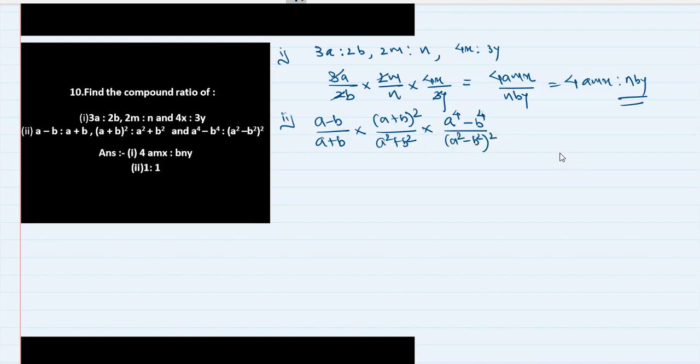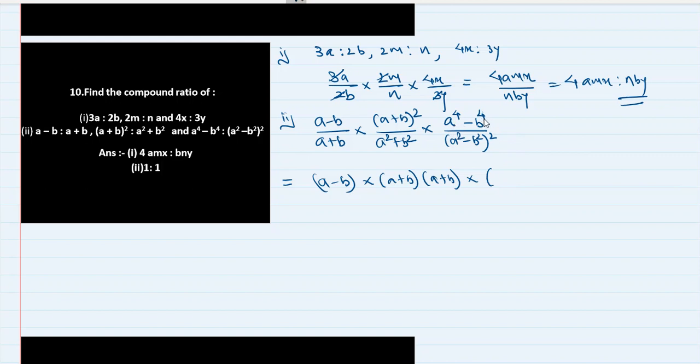Cool. So this will become a minus b multiplied by a plus b into a plus b multiplied by a raised to 4 minus b raised to 4 will become a square minus b square multiplied by a square plus b square.